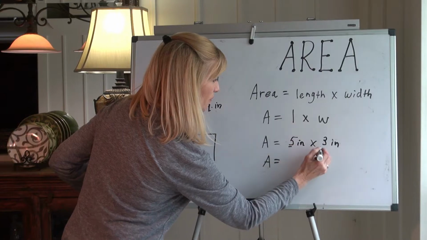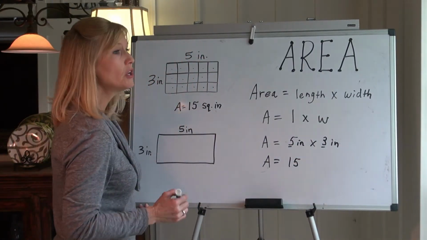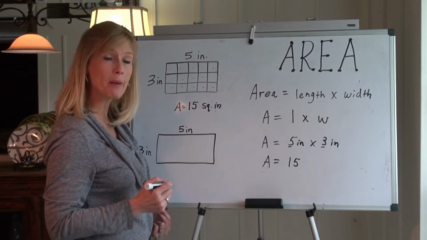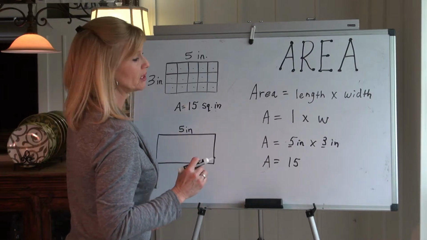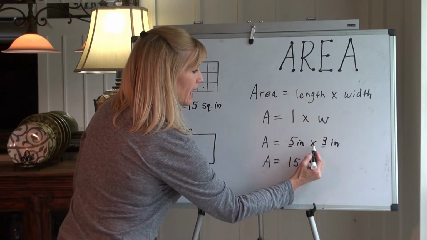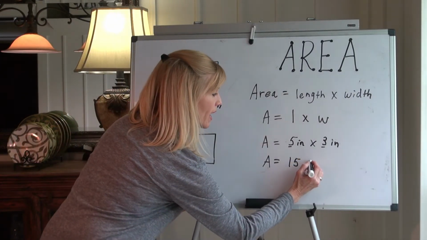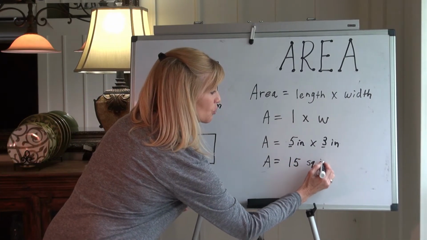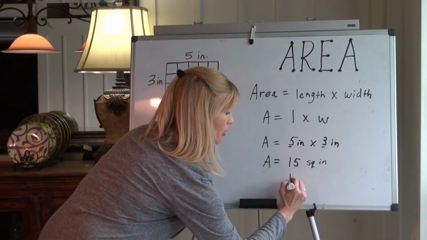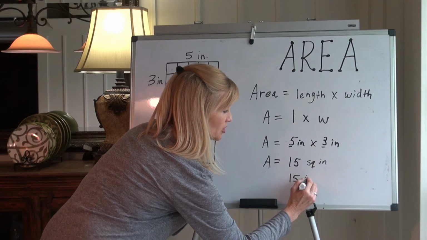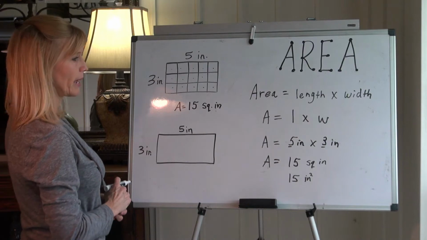Area equals 5 times 3 is 15, but just like with perimeter, just like with word problems, you have to remember to label your answer. When you measure things, you have to put the label in it. So we see inches times inches. So there's 2 inches there, so that's why we say square inches. Okay? Another way of doing it, and both are correct, would be to do your inches like this with a little 2 above it. Both of those would be correct.